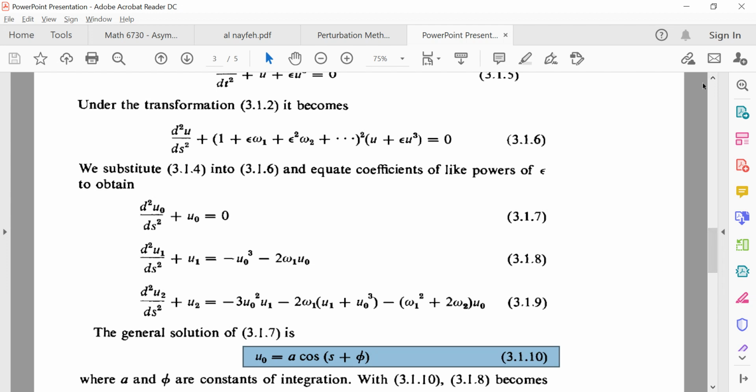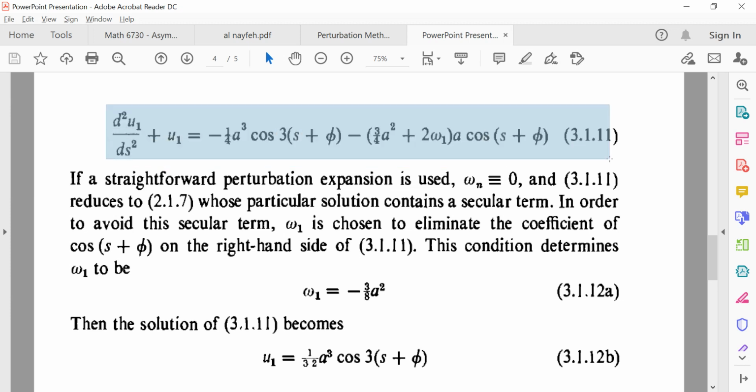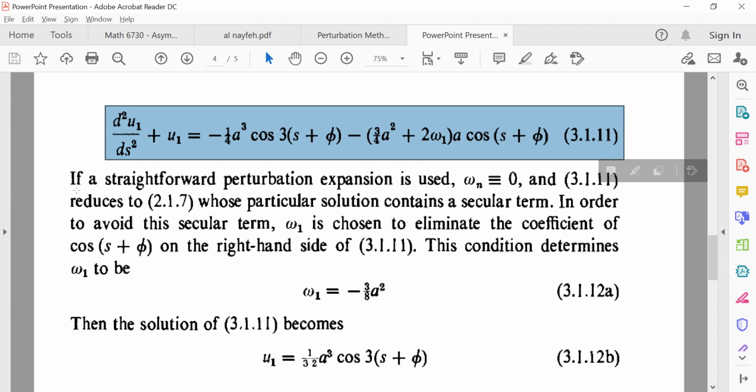Now putting equation number 10 in equation number 8, we will get this second order equation for u₁ given in equation number 11. If a straightforward perturbation expansion is used, you put the value of u₀ on the right hand side, and you will get this.